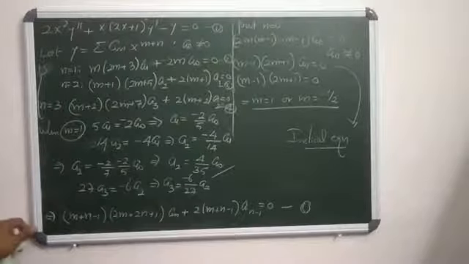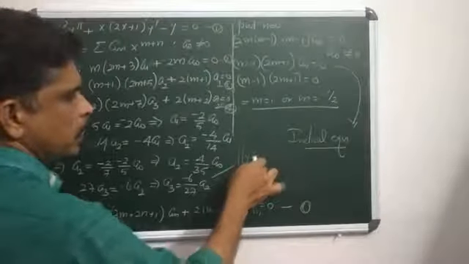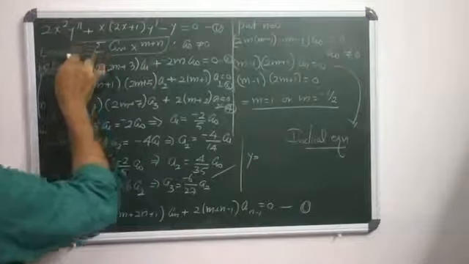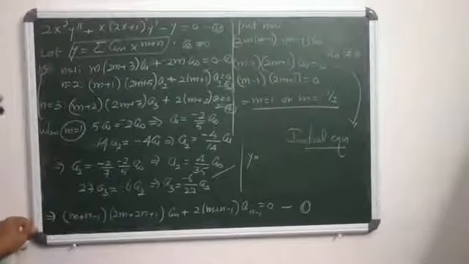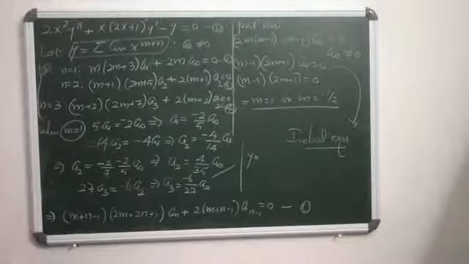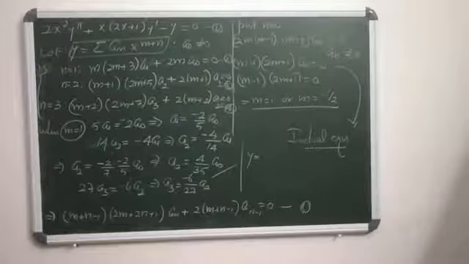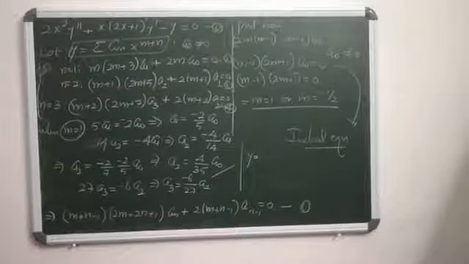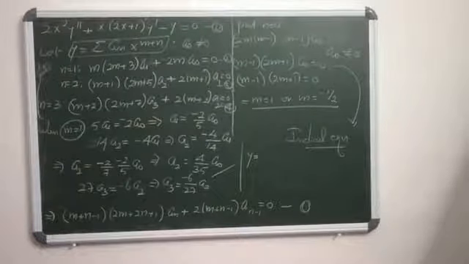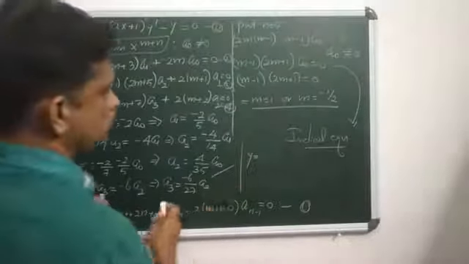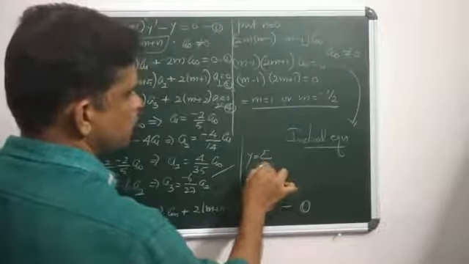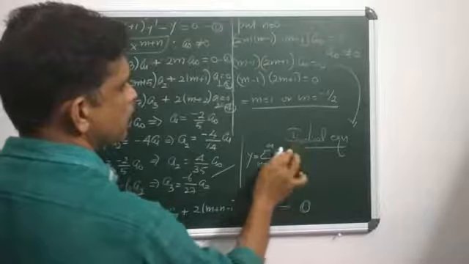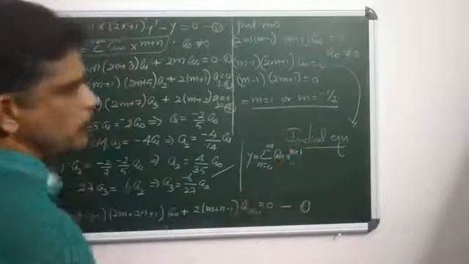So after getting these values, what is y? y equals sigma A n x power m plus n. When m equals 1, what are the solutions? The solution is sigma n ranges from 0 to infinity A n x power m plus n. m plus n means n plus 1.